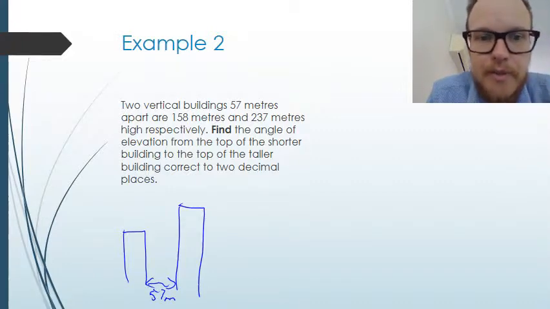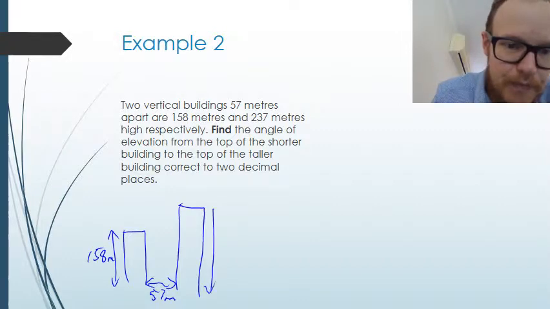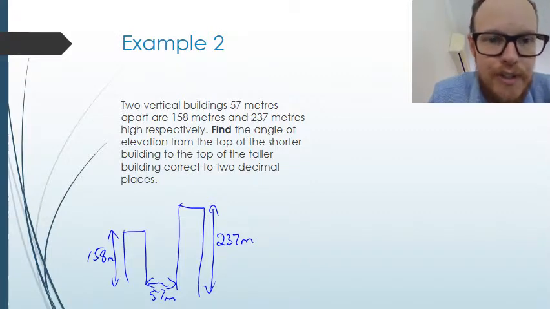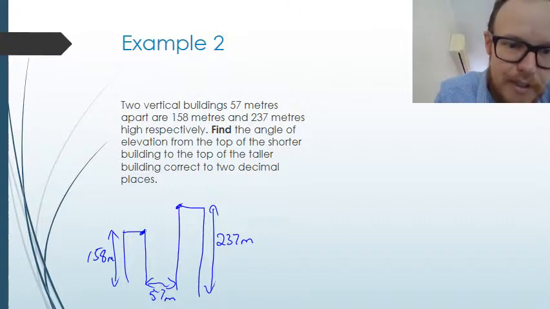The first one is 158 metres high, and the second one here is 237 metres high. We are trying to find the angle of elevation from the top of the shorter building to the top of the taller building. So here we're trying to find this angle of elevation, theta.